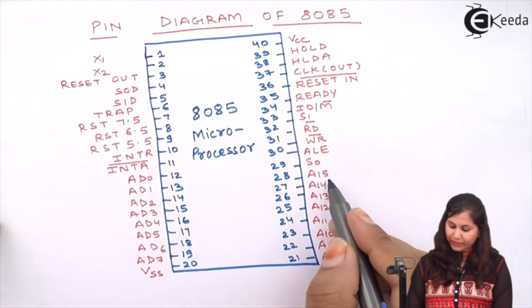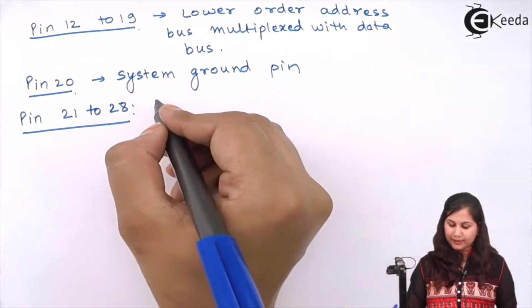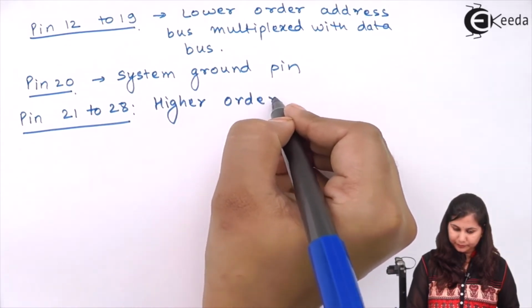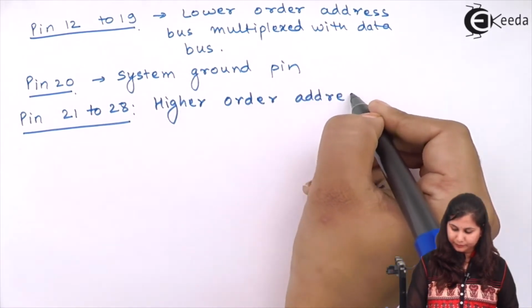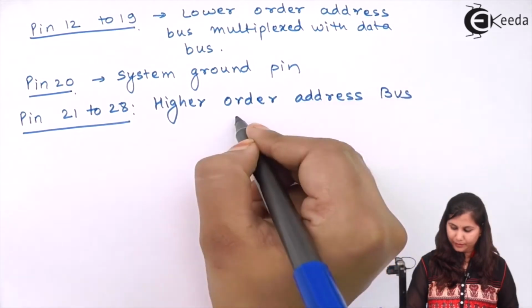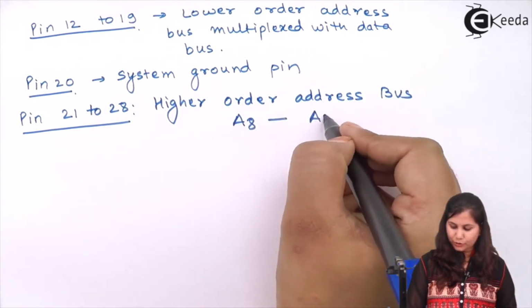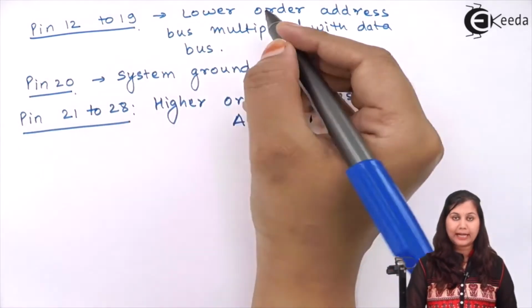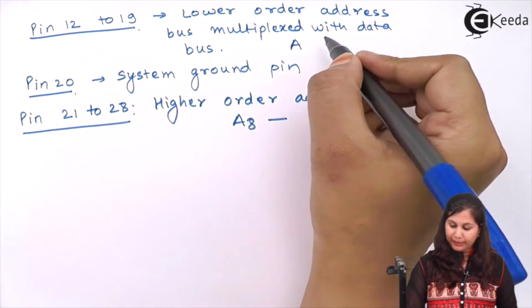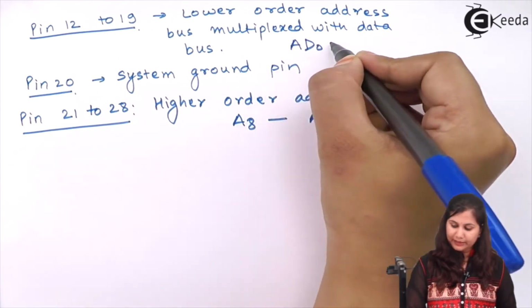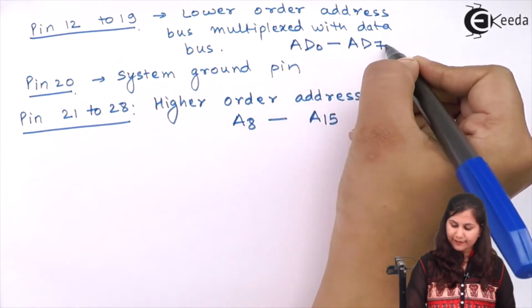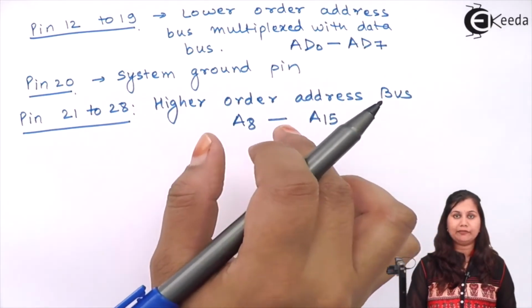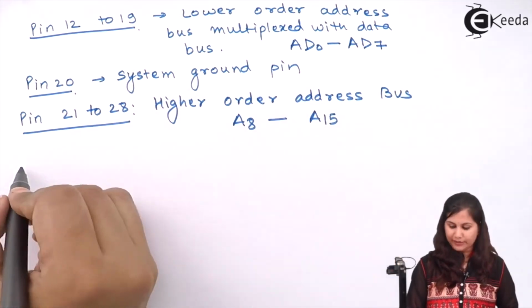From 21 to 28, we have the higher order address bus, starting from A8 to A15. And the lower order address bus is present at pin number 12 to 19, multiplexed with the data bus, so it is represented as AD0 to AD7. These are the 8 bits, and these are the 8 bits combined forming the 16 bits of the address bus.